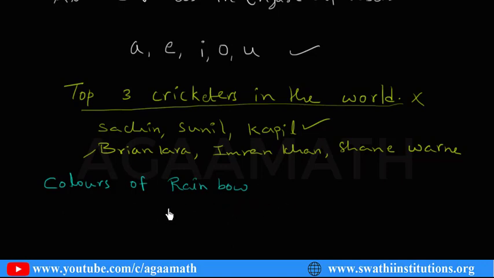In short, we write it as VIBGYOR. V indicates violet, I indicates indigo, B indicates blue, G indicates green, Y indicates yellow, O indicates orange, and R indicates red.